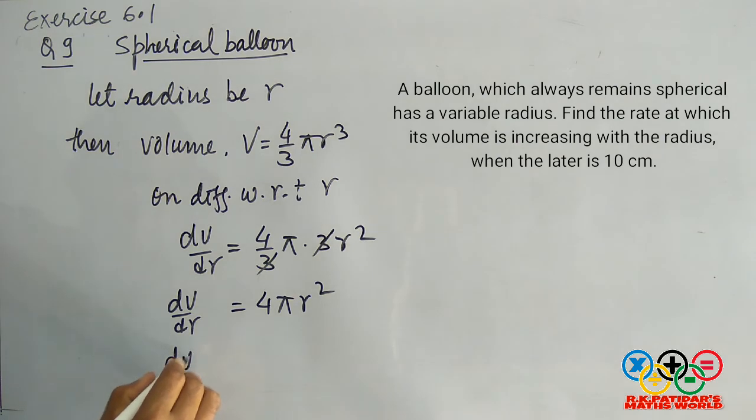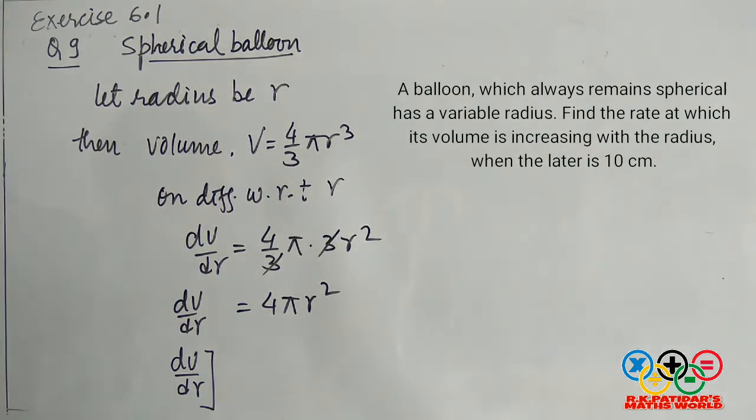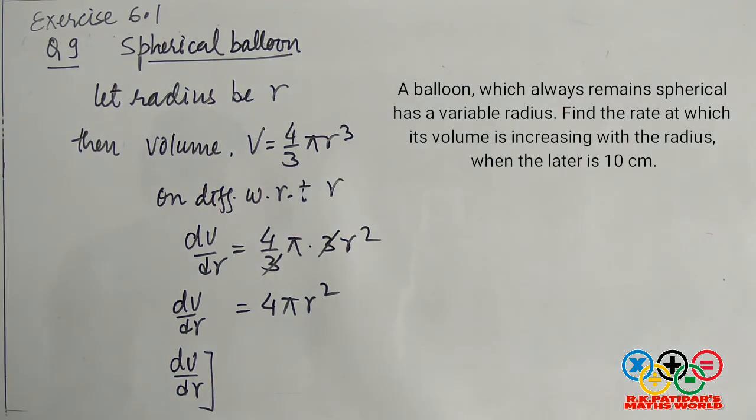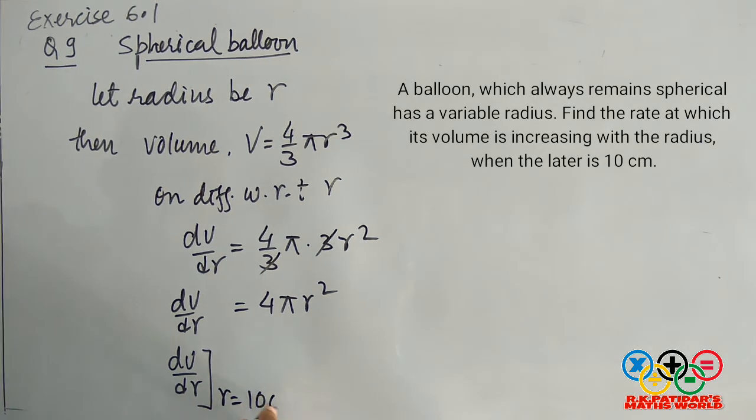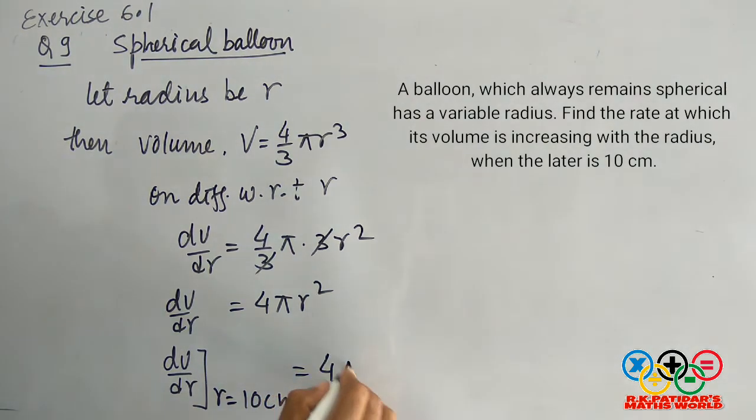We have to find out rate of change of volume with respect to radius when the radius is given and that radius is 10 centimeter. So this r is equal to 10 centimeter. So 4 pi into 10 square. 10 square is 100. 100 into 4, 400.